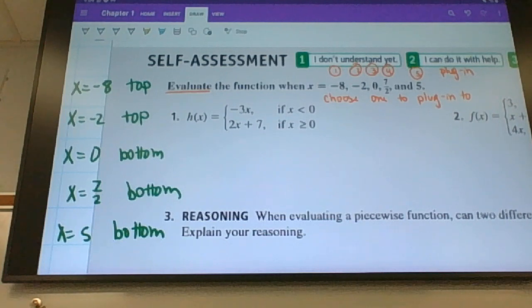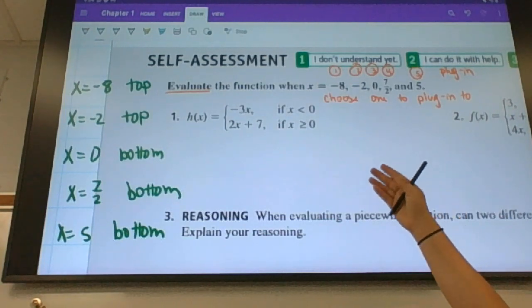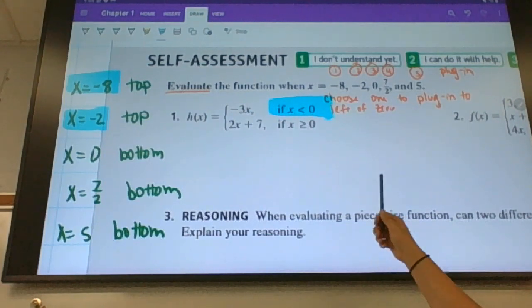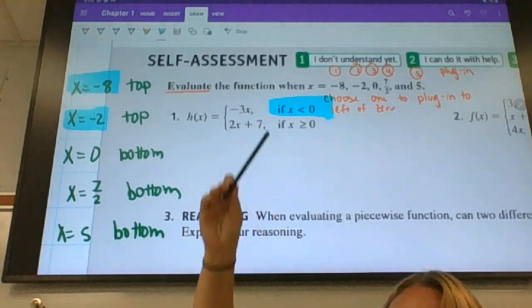Does anybody know why the first two are the top, but the rest are at the bottom? Right. Because -8 and -2 are left of 0. So the negatives that are left of 0, I plug into the top equation.